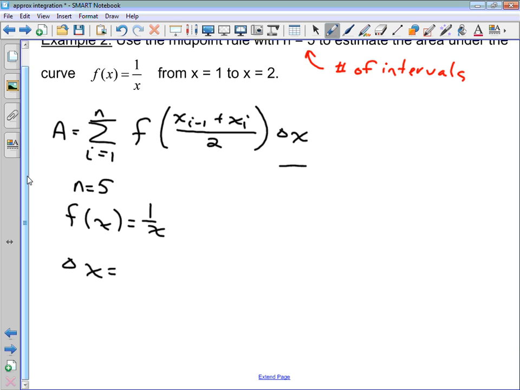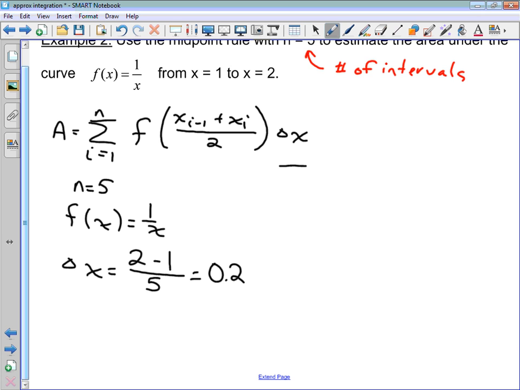We want to go from 1 to 2, and we want to divide that range into 5 intervals because n equals 5. So 2 minus 1 is just 1, 1 divided by 5 is 0.2. So that's our value for delta x in this formula.